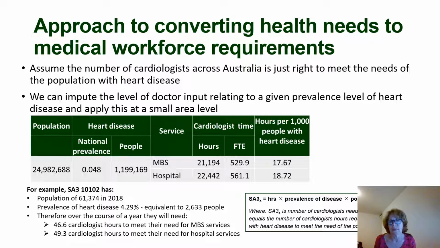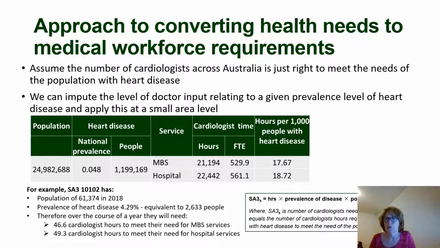So with a given level of prevalence of heart disease, in aggregate, the number of cardiologists is about right. We know the national prevalence rate for heart disease from survey data, so we can estimate the number of people with heart disease. And as shown in the table, this is about 1.2 million people.